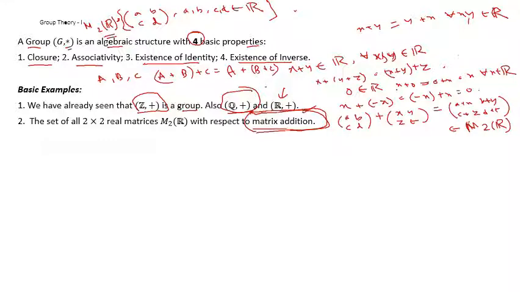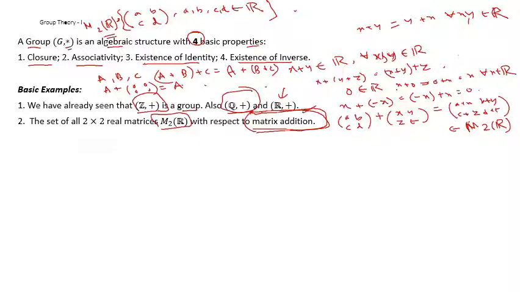So associativity is true. Again, given any matrix A, we can always have a matrix like this 0 0 0 0, which is the null matrix of order 2. If we add this, then we always get A. So the null matrix of order 2 is actually the identity element in this M2R.